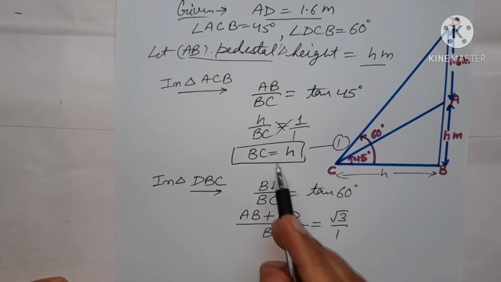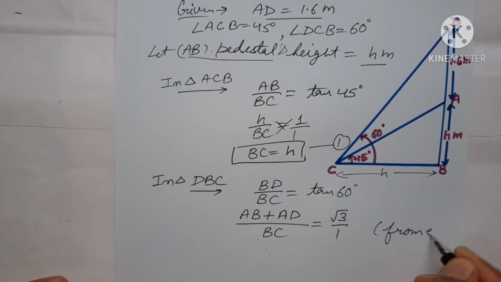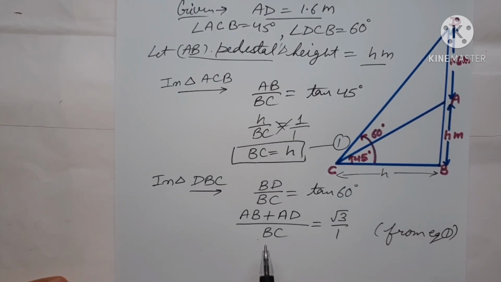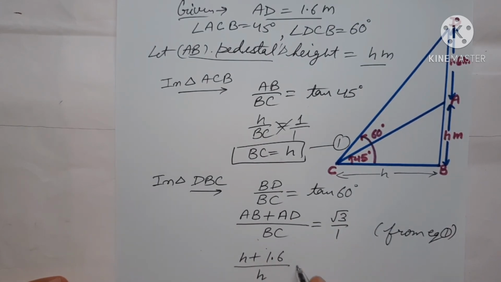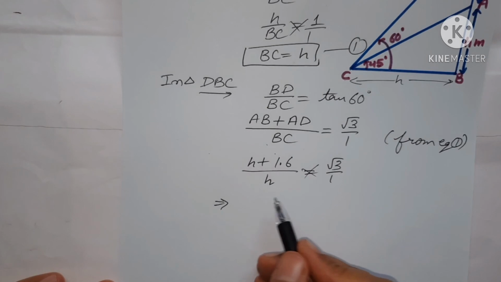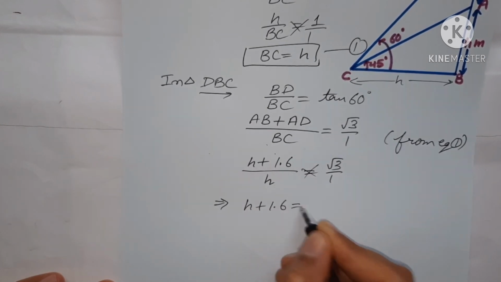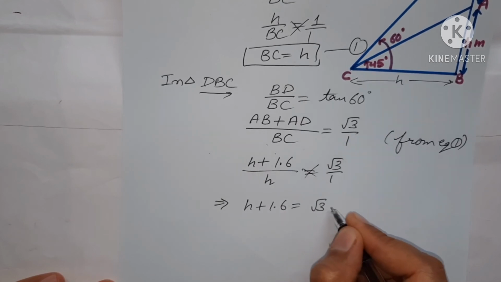So from equation 1 we can put the value of BC. So we will write, from equation 1, if we put the value of BC, it will be h, and AB is h again, plus AD is given 1.6 meter, and it is equal to root 3 upon 1. So we will cross multiply here. After this it will be h plus 1.6 and it is root 3 h.